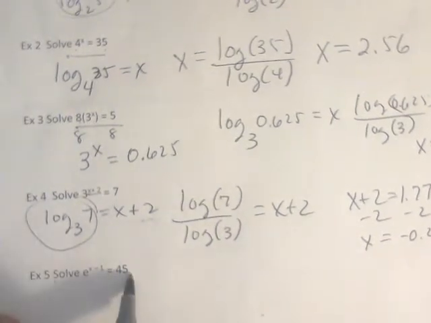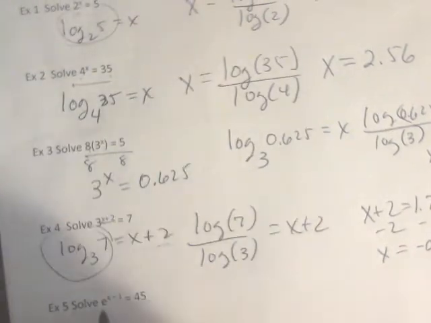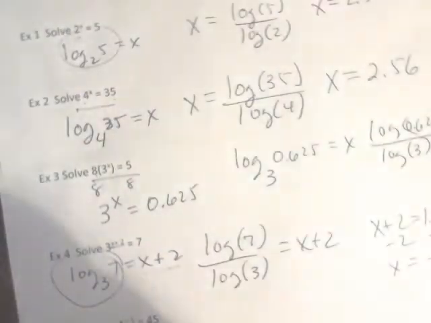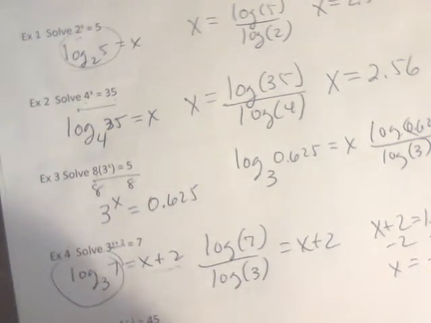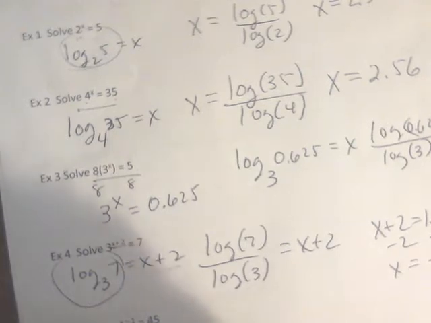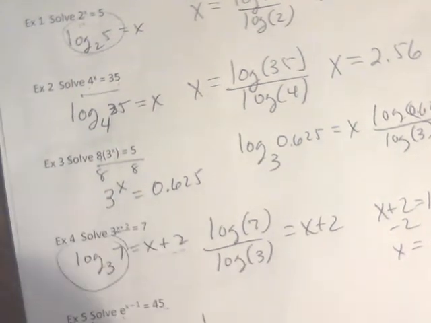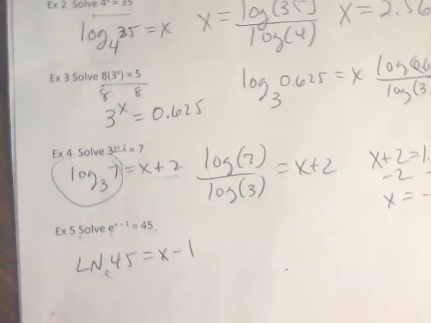The last example here is kind of one like we've done previously. We have our base of e. So we change this to a natural logarithm where natural log 45 equals x minus 1. We don't need to write the base of e there because that's the only base the natural log has. And then we punch that into our calculator.